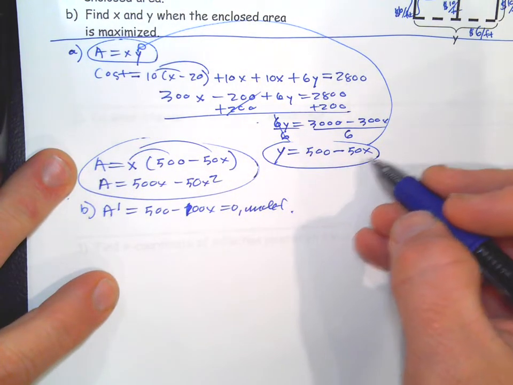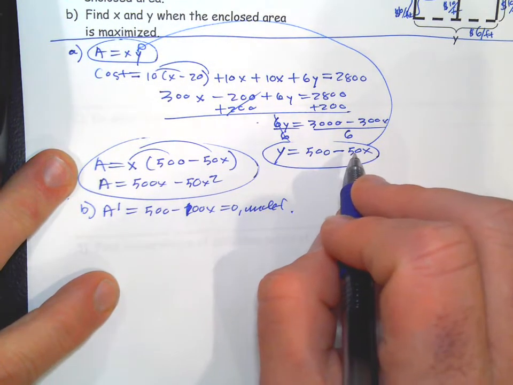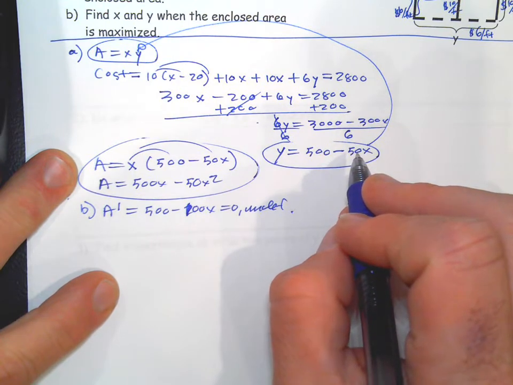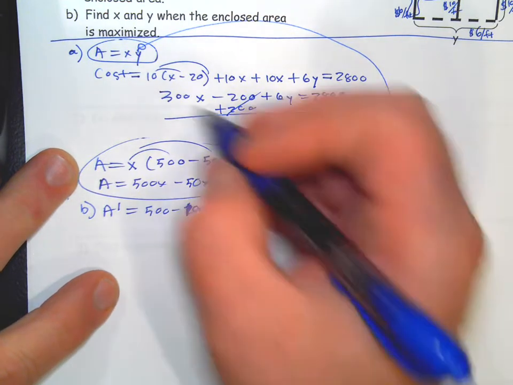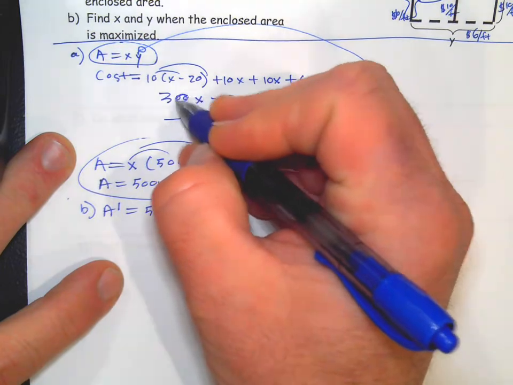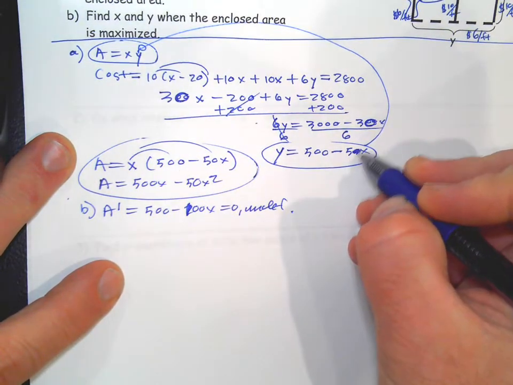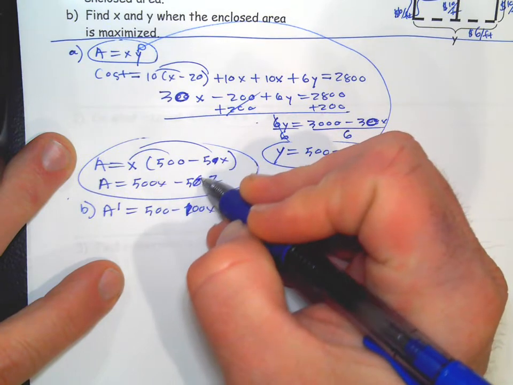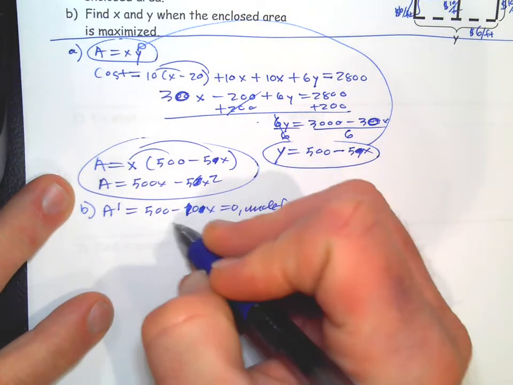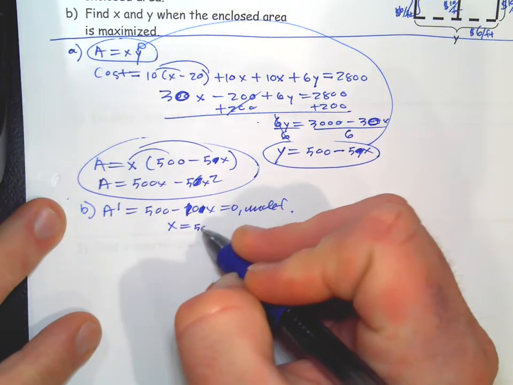Just trying to think real quick. Oh, shoot. This should be 30x. 30x. So that's just 5. That's just 5. That's just 5. That's just 10. So x is going to be 50.